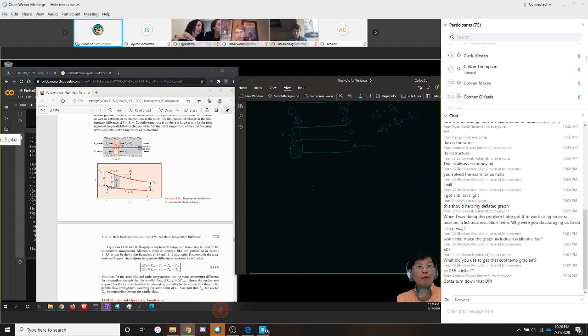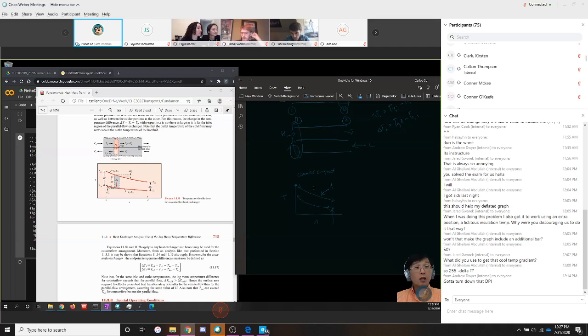So if you have a counter current flow situation, and you're plotting temperature versus area, on one side, let's say, you have your hot stream temperature, coming in and going out there, right? You have your cold stream temperature, which might be here, and it might go something like that.